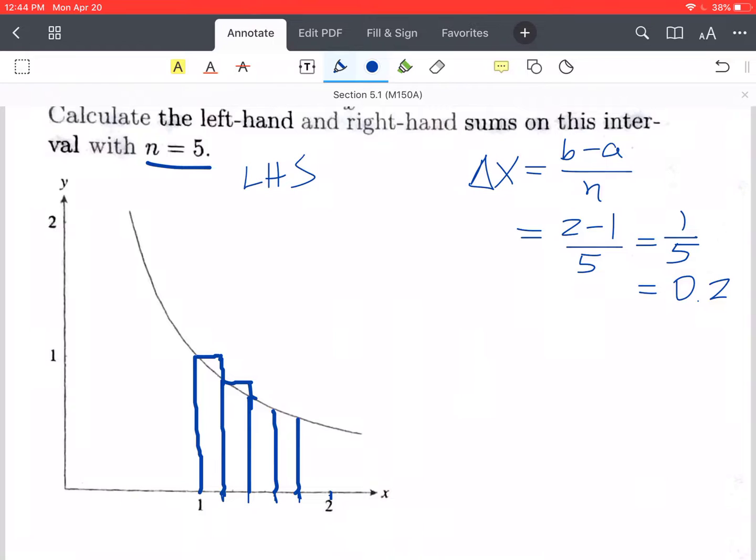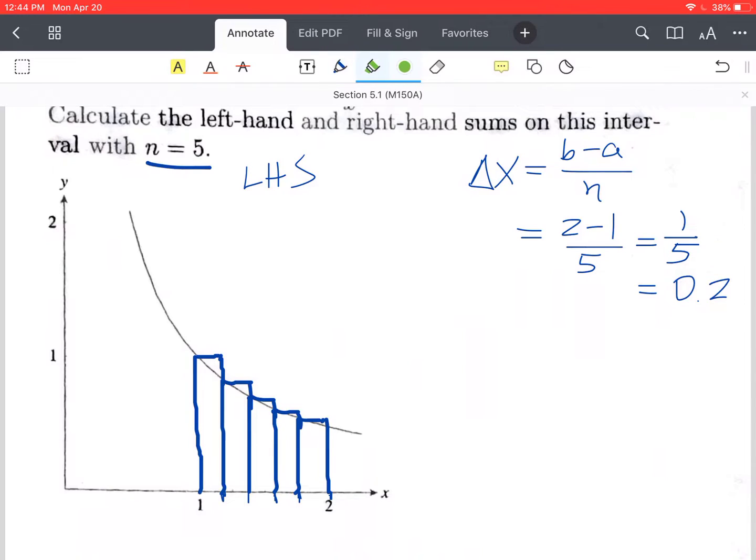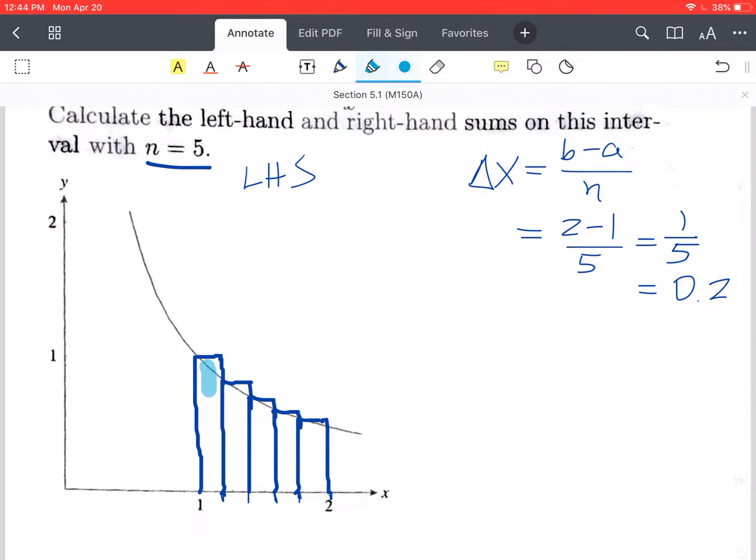Do the same thing for this one, for this one, for this one, and for that one. And theoretically, they should all be the same width. Okay. All right. So this is the region that we're trying to find, these areas in here. So to do that, I need to get the area of each of these rectangles.